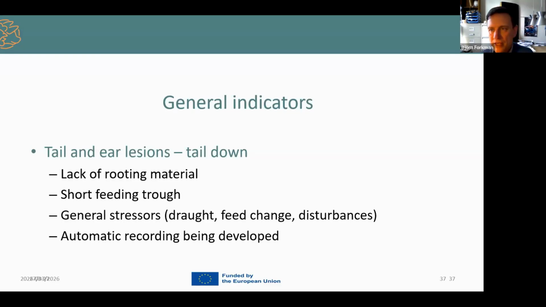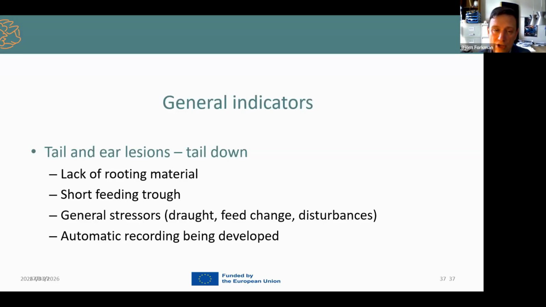Moving on to general indicators. One indicator is tail and ear lesions. So I'm talking about tail biting. Now, tail biting can be quite hard to see, and tail lesions, especially if it's a large pen with, say, 30, 35 piglets, is quite hard to determine.